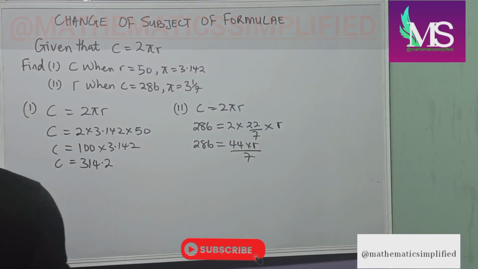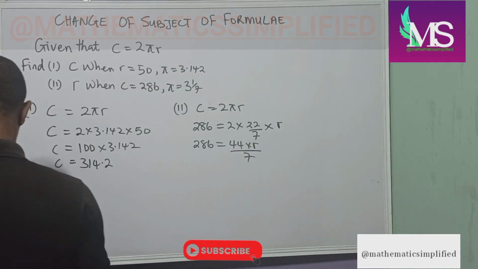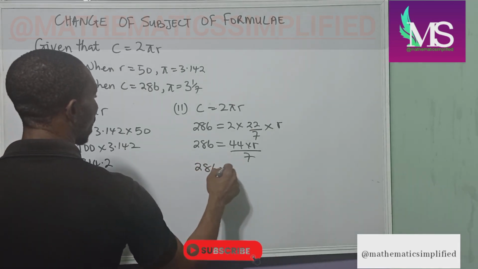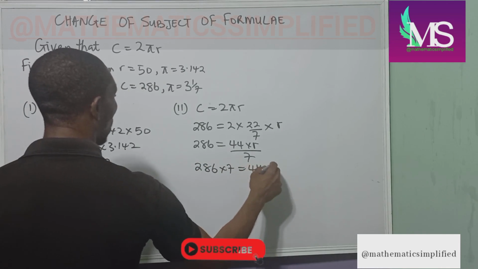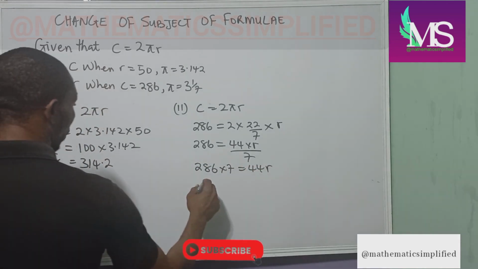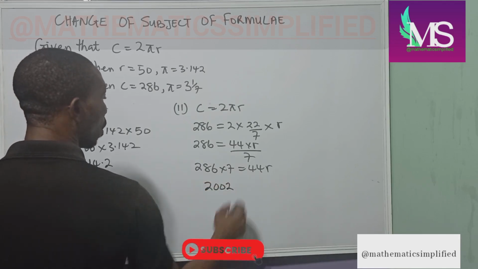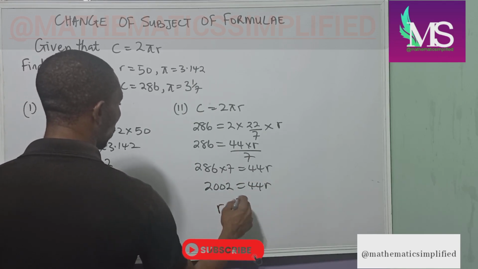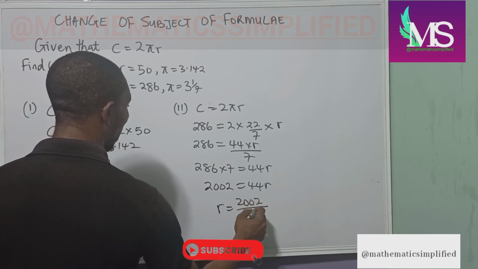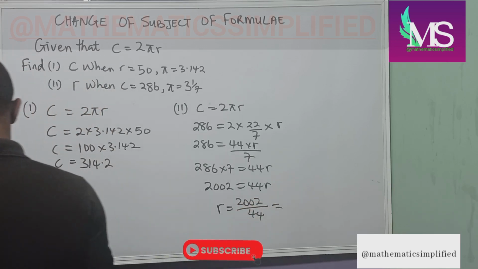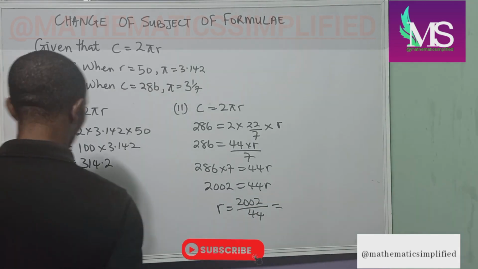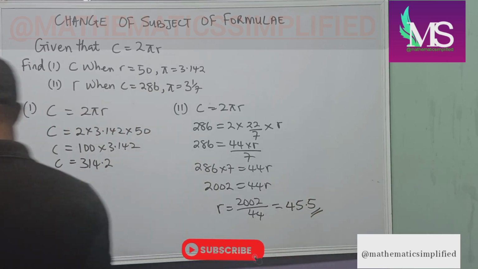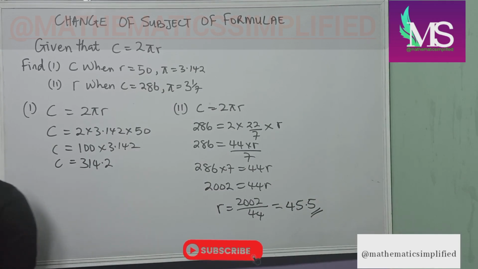Cross multiplying, we have 286 times 7 equals 44r. So 286 times 7 will give us 2002 equals 44r. So therefore our r will become 2002 divided by 44, which will give us 45.5. So our r will be 45.5.